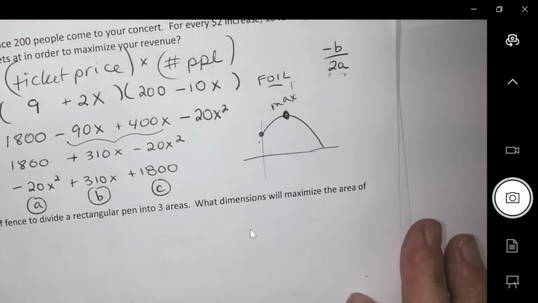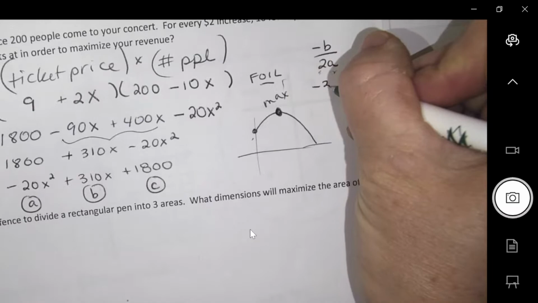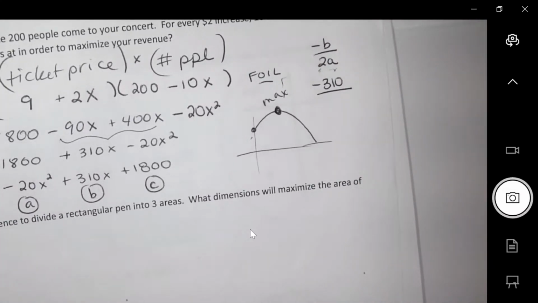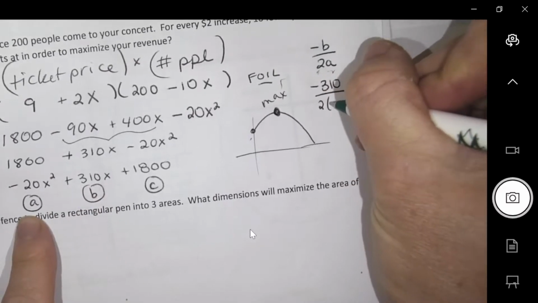Okay, negative b over 2a. So, negative 310. We're okay with that spot? Negative 310, because that's the b, over 2 times negative 20.